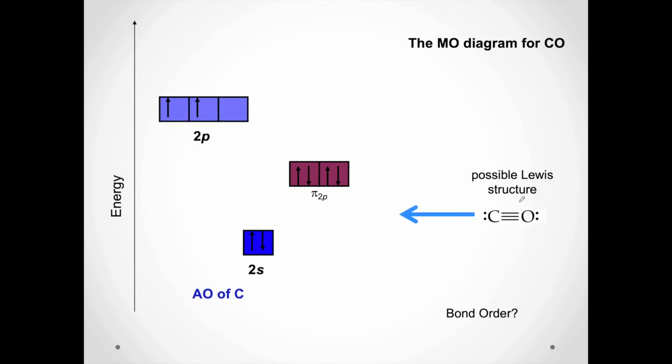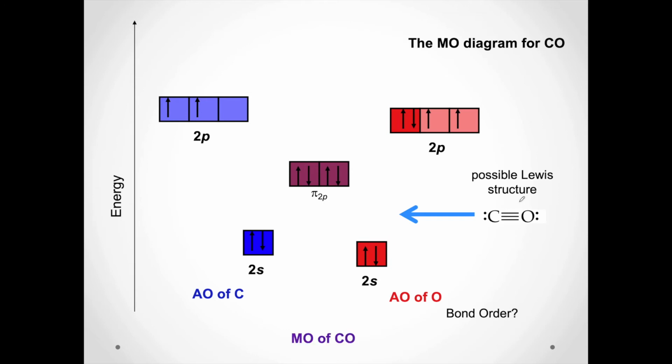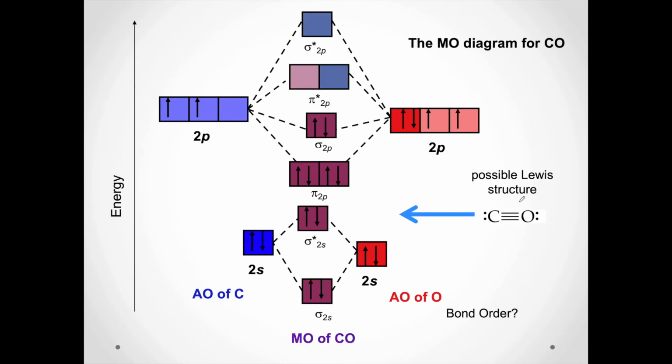Next we go to the molecular orbital diagram for CO, carbonyl. As usual, you need to follow this arrangement of the molecular orbital diagram with sp mixing. Start with the pi 2p, sigma 2p, pi star 2p, and sigma star 2p.